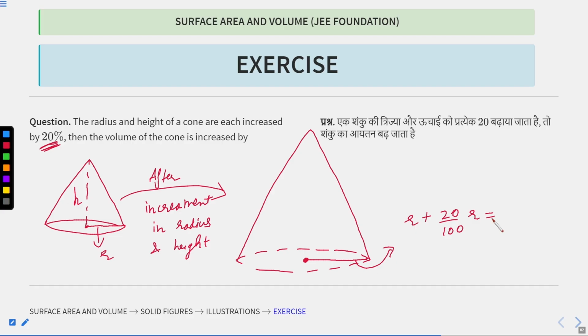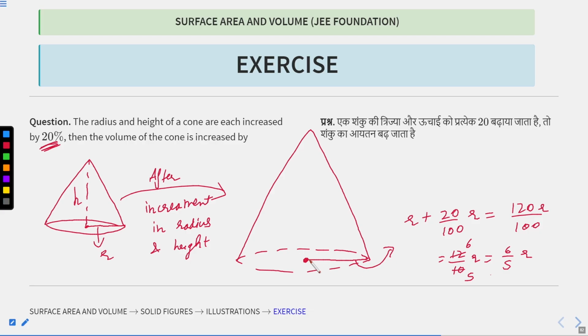That means 120 r by 100, or I can write it in simplified fraction, 12 by 10 r, which is equal to 6 by 5 r. I just took common 2 from both numerator and denominator, and we are left with 6 in the numerator and 5 in the denominator.